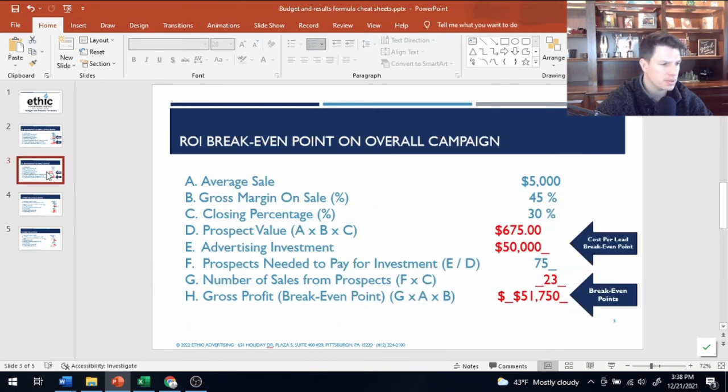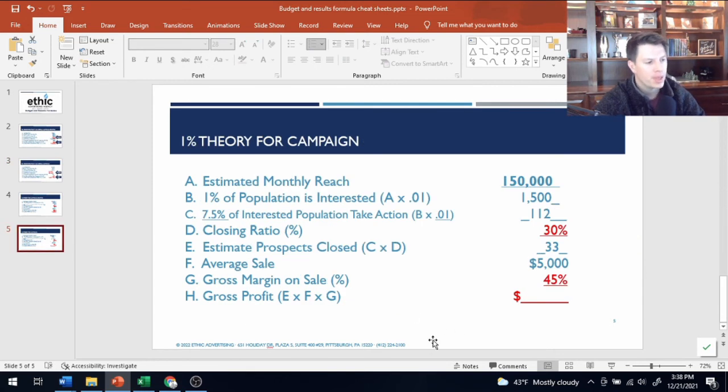Actually, I'm going to double check that. 45%. Okay. So then when I do this E times F times G, what it's going to tell me is that if I reach 150,000 of the right audience and 1% of them is interested, which would be low for anything we would do, I think.